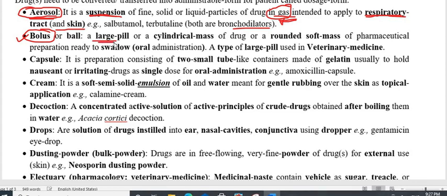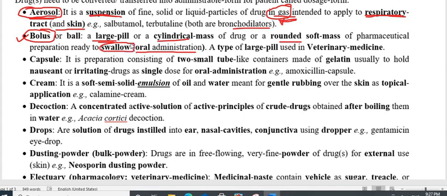If you go through the shape, usually the bolus is cylindrical like mass and solid, or maybe the rounded pharmaceutical preparation, and usually or primarily for oral administration, and the drug should be swallowed.